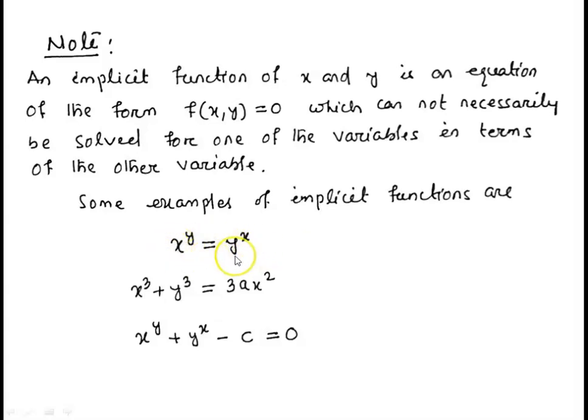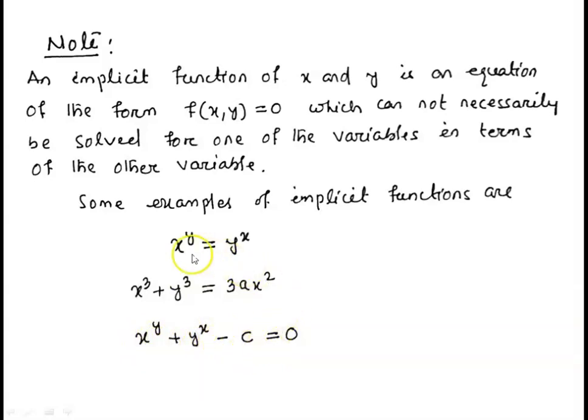So this is an implicit function. Similarly, in the second case, we have x cube plus y cube is equal to 3ax square, which can be written as x cube plus y cube minus 3ax square is equal to 0. So our f of xy is x cube plus y cube minus 3ax square. And the third case is the function x raised to the power of y plus y raised to the power of x minus c.